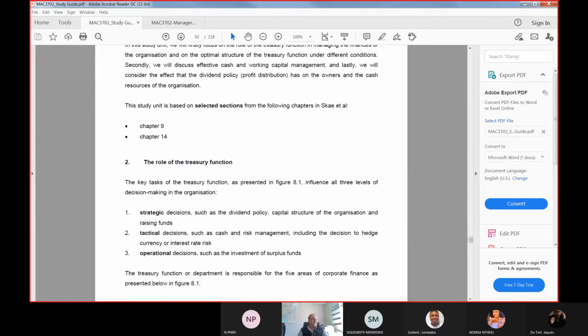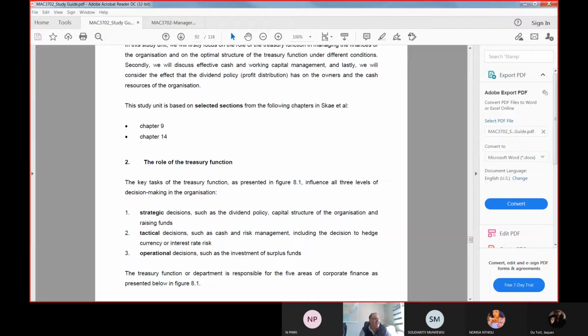Okay, so here are some of the ideas, the reasons, the functions of the treasury function: strategic, tactical, and operational decisions. Strategy is obviously to prepare policies and consider the capital structure of the business and organization and how to use the funds in the business, a strategy of how to utilize the funds to make profit.